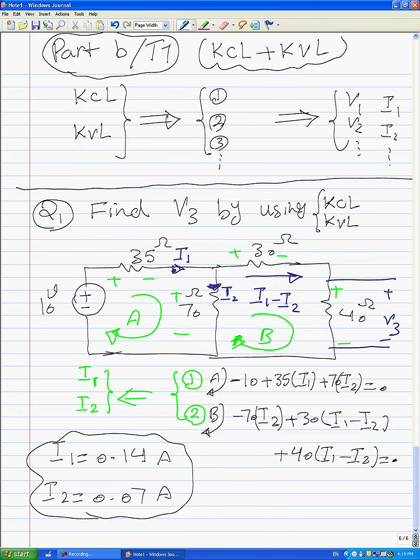Now we are ready to find V3. Important goal of this question.